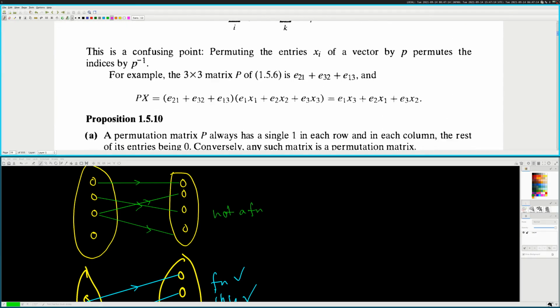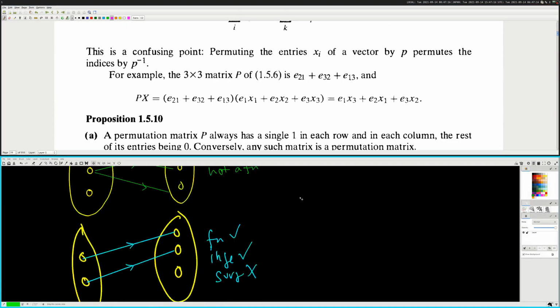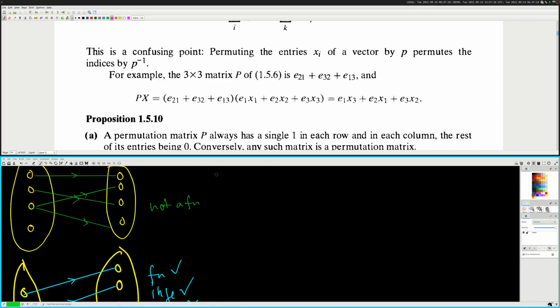Okay. To just give you an example of what was going on up there. So we have P is equal to E21 plus, I'm not going to bother with my good ones, sorry.